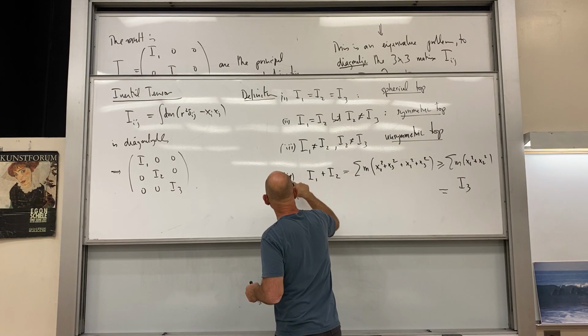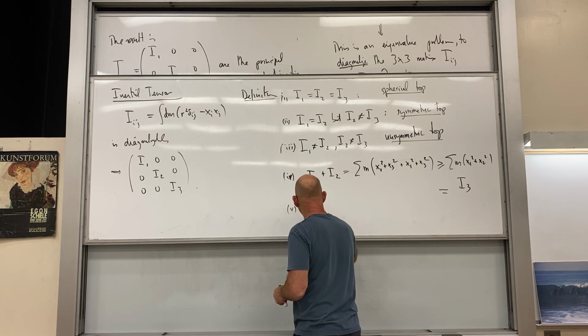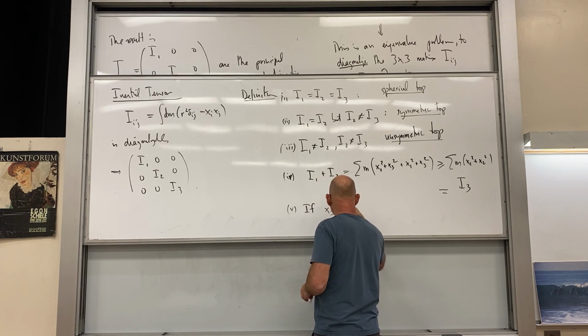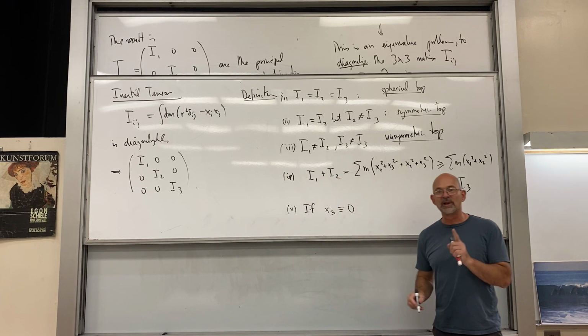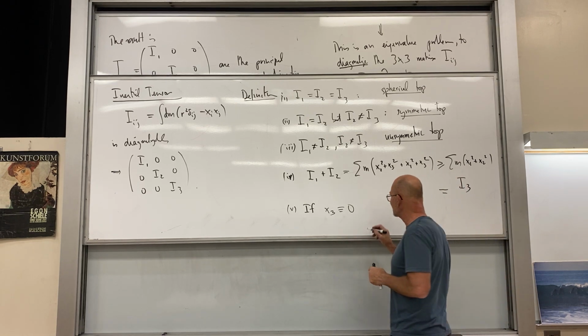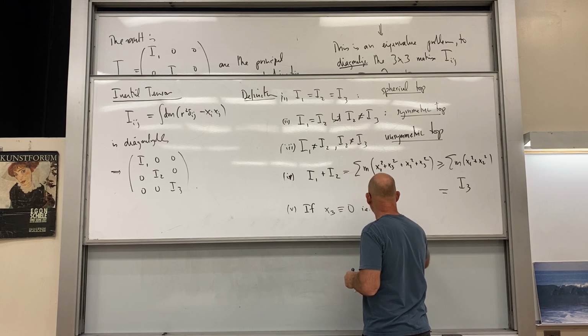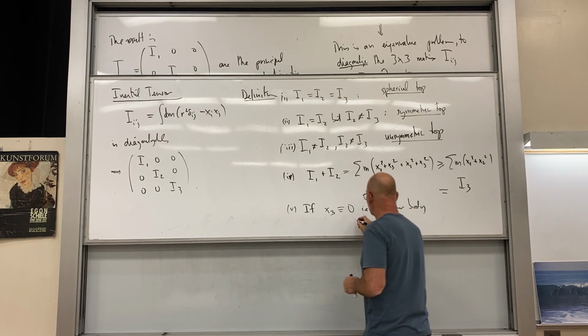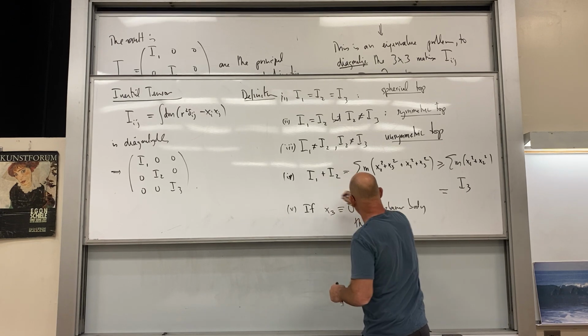So this was 4, so this is 5. If x3 is identically equal to 0, in other words, if we have a planar body, so it's restricted to the x1, x2 plane, then what do we have?